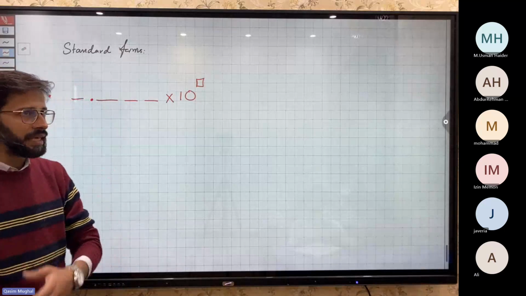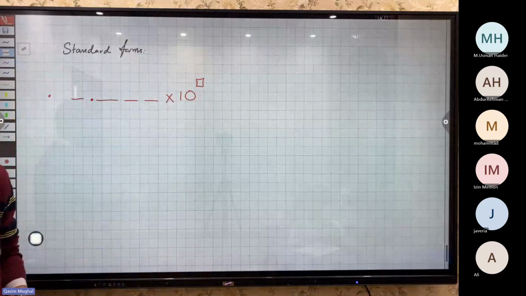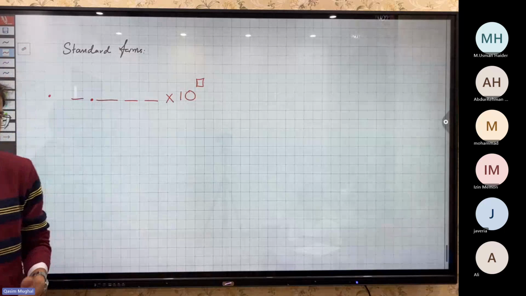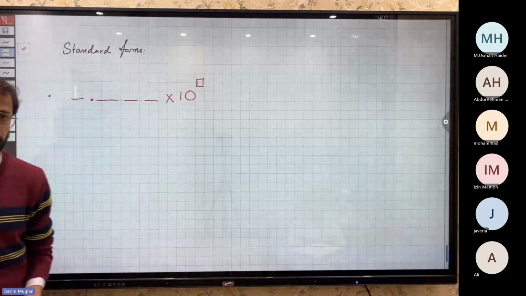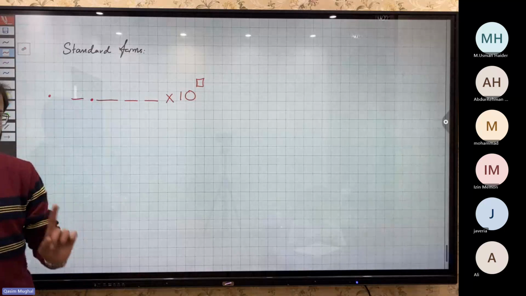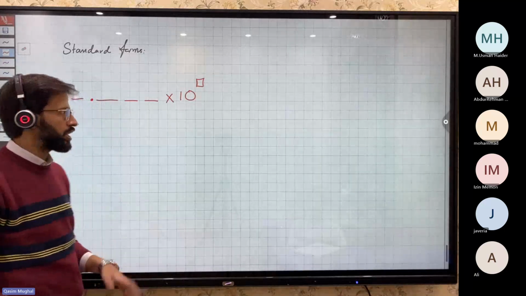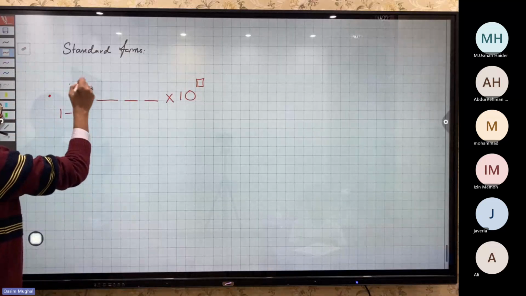So basically a single non-zero digit to the left of the decimal. Non-zero means other than zero. We have 1, 2, 3, 4, 5, 6, 7, 8, 9, up till 9, because these are single digit. After 9, we have 10, that makes a two-digit number. So one single digit to the left of it, and that should be non-zero, without zero. So we can have any number from 1 to 9 over here.